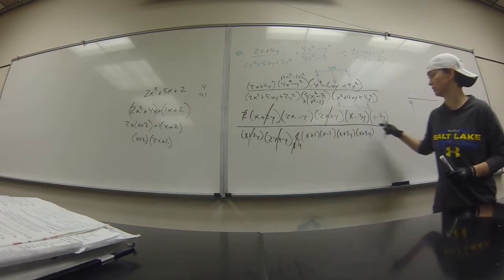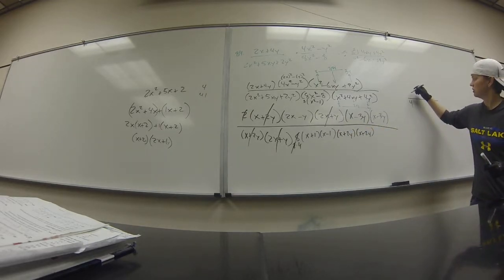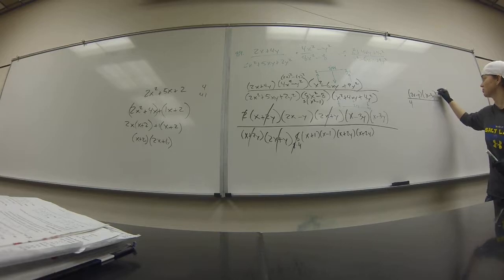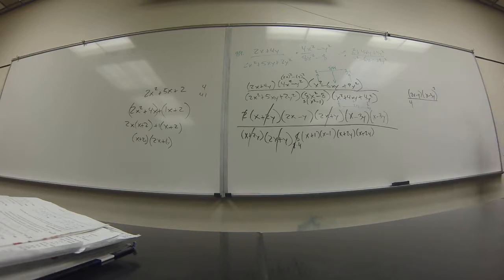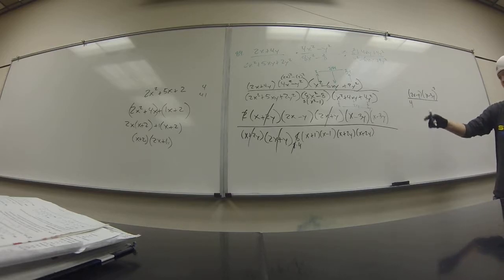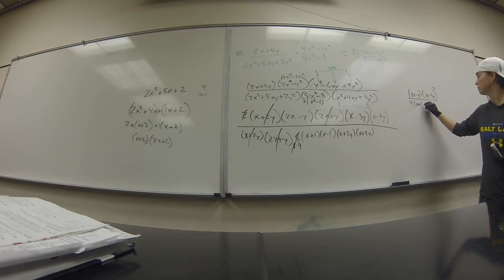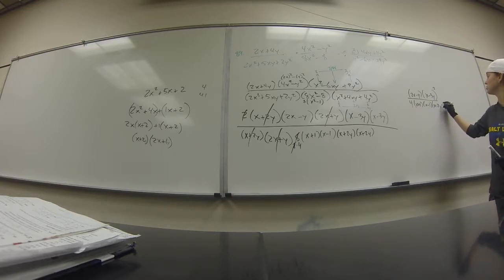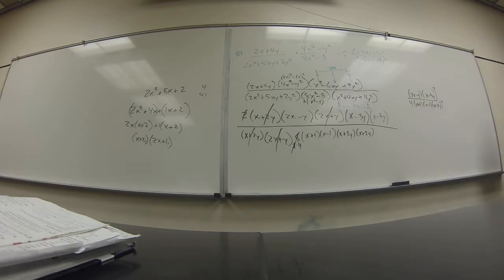So everything left on the top is 2x minus y and x minus 3y. Since nothing else is going to cancel, just write them squared. On the bottom, we got our 4 already, x plus 1, x minus 1, and x plus 2y squared.